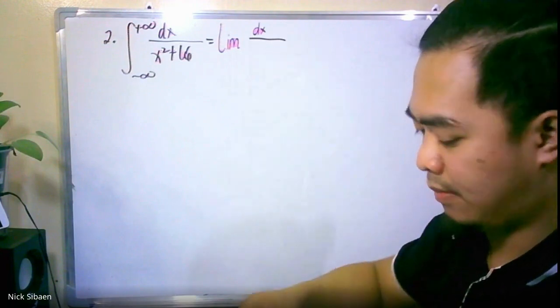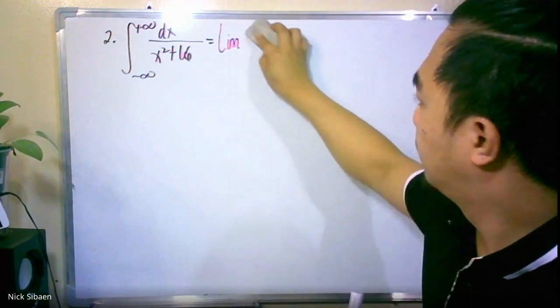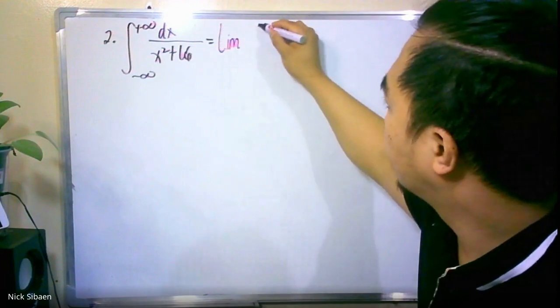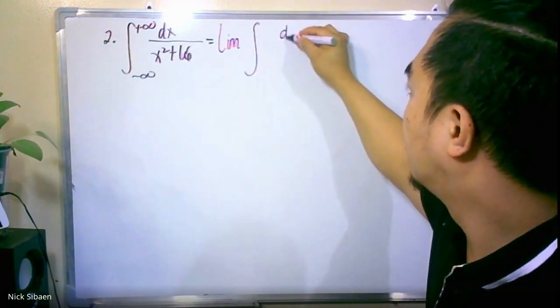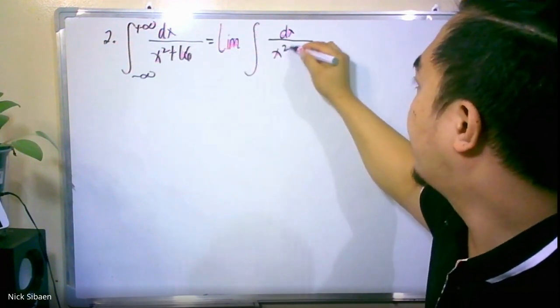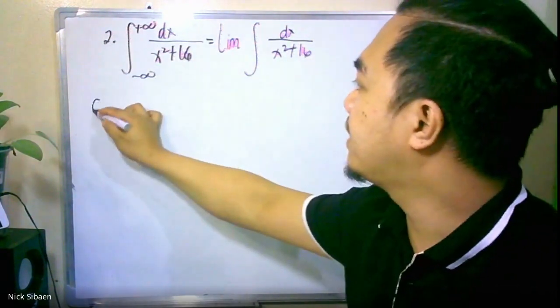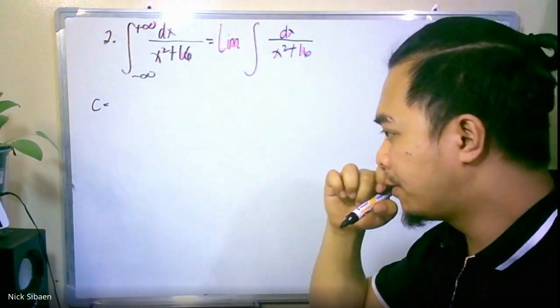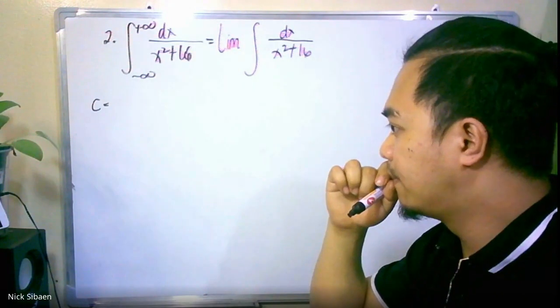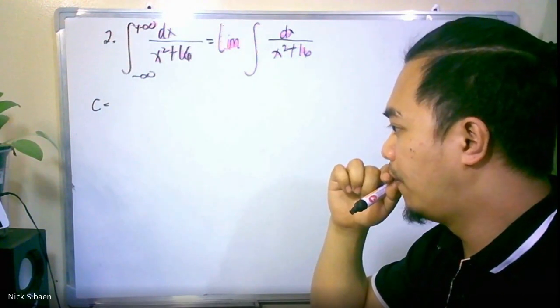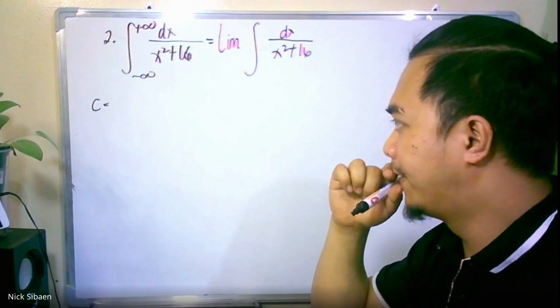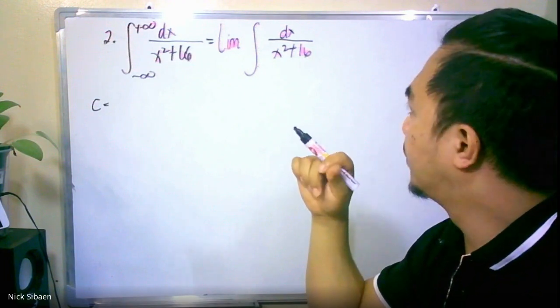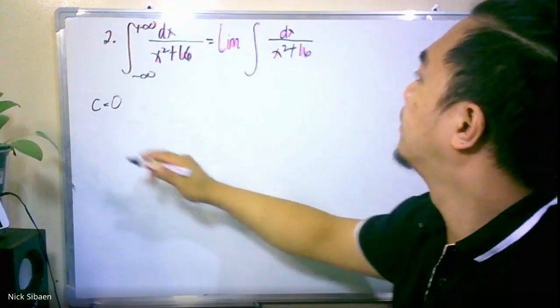Ano yung una? Di ba magsiset tayo ng number C? What is C? Ano yung isiset natin na gusto niyo? 0, sir. Yeah, 0 na lang.